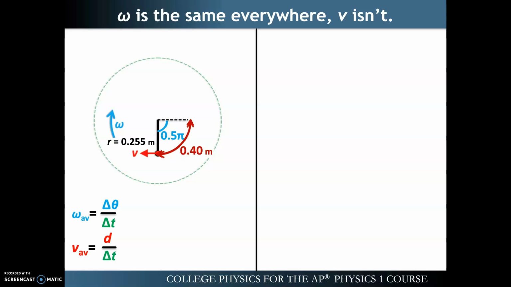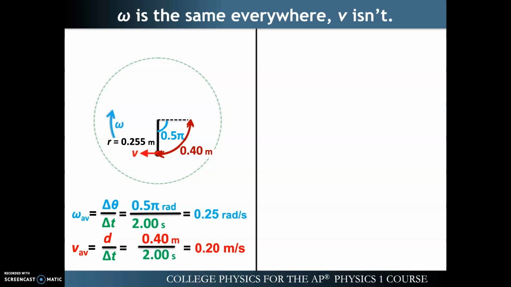Let's say the angular displacement is a quarter pi, so 90 degrees if we were using degrees, but we're not. Let's say the radius is 0.5 meters. Therefore, the arc length is 0.4 meters. Computing that, we find the angular velocity is 0.25 radians per second, and the tangential velocity is 0.2 meters per second.